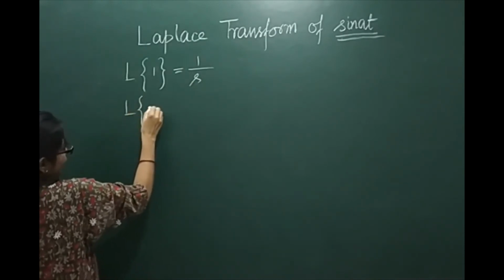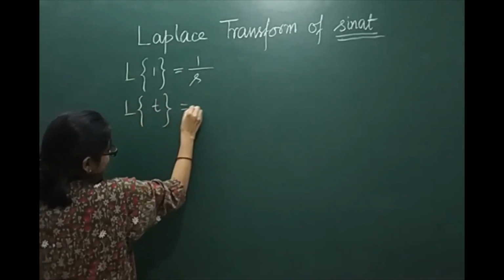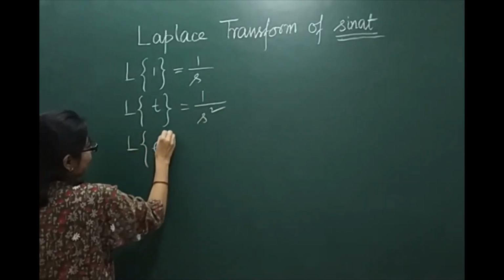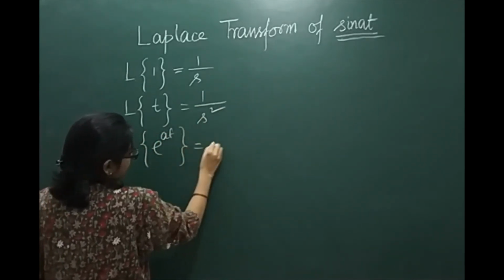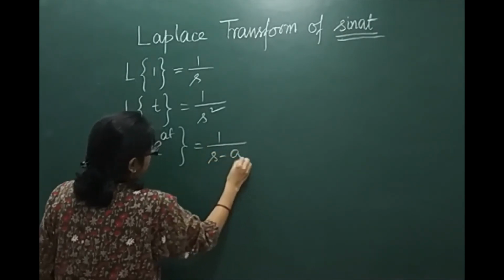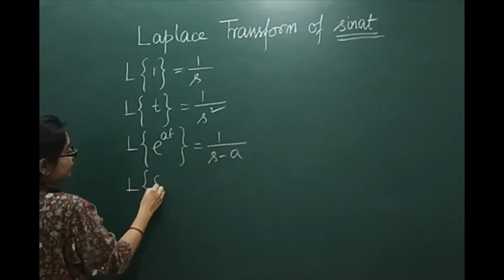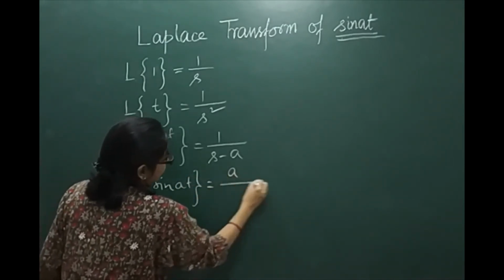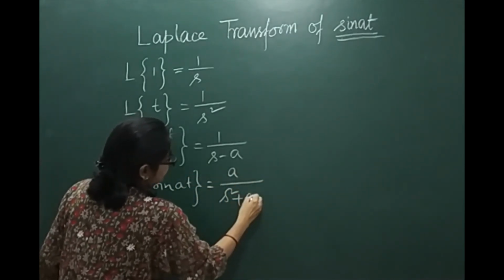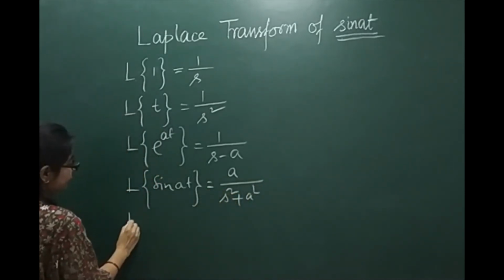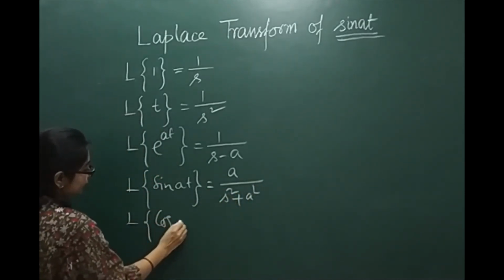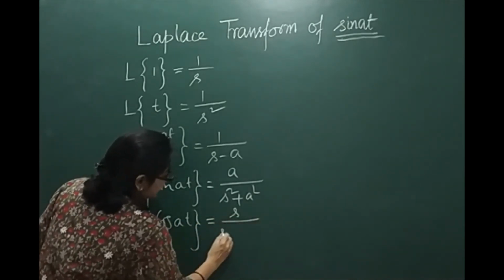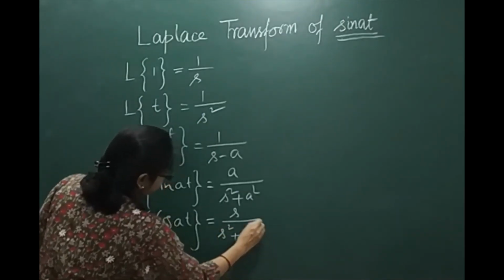The Laplace transform of t as 1 by s². The Laplace transform of e^(at) as 1 by (s - a). The Laplace transform of sin at as a by (s² + a²). The Laplace transform of cos at, you can find, will be s by (s² + a²).